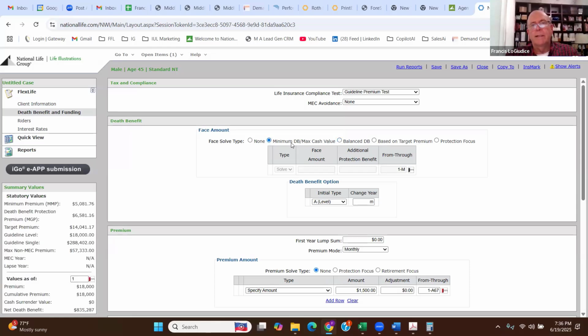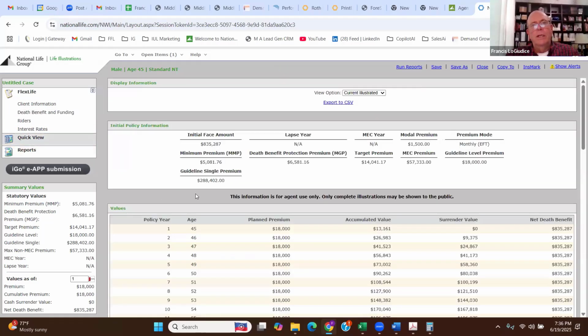If we start at max cash level, what Neal and I were talking about is you can fund this policy, this 288,402 under guideline single, over 5 years. So you can divide that out. I think it's 57,333, and it's going to be 5 years and some change, because this is the most you can put in any one year.